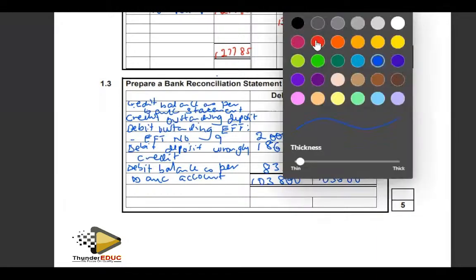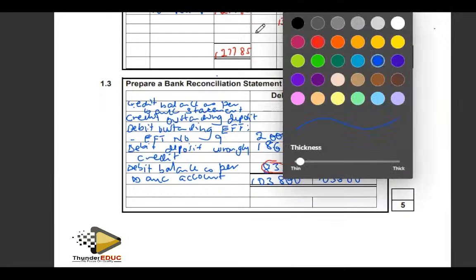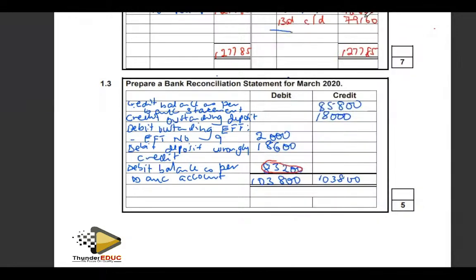This question had some errors, which the figures are not balancing, but I'll cross-check and see what happened, because this total here must be the same as this total. These totals must be the same. If they are equal, it means that we have correctly done our bank reconciliation.